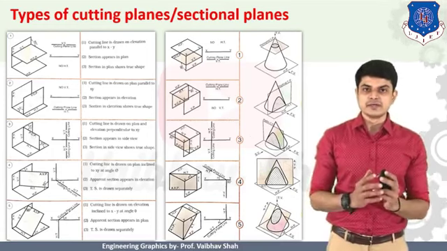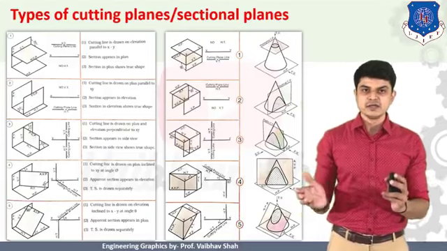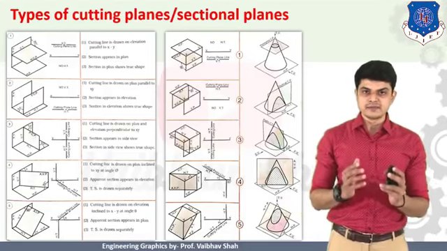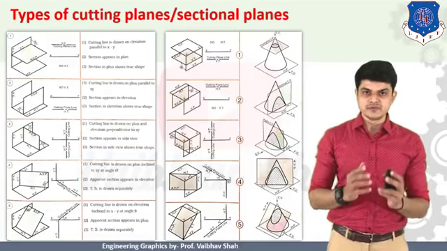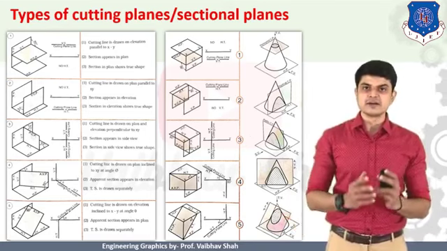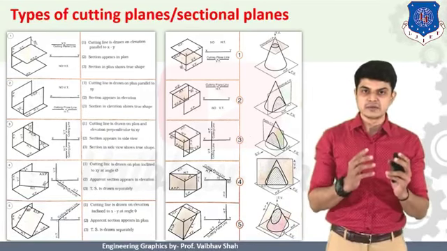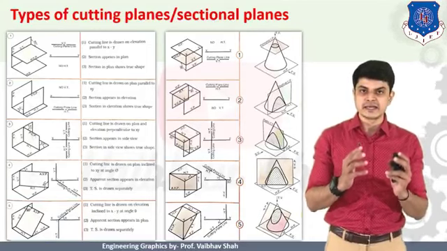Now let us come to the final plane, the auxiliary inclined plane. A plane which is making a certain angle with respect to HT, as you can see here, is known as an auxiliary horizontal plane, or an auxiliary inclined plane.